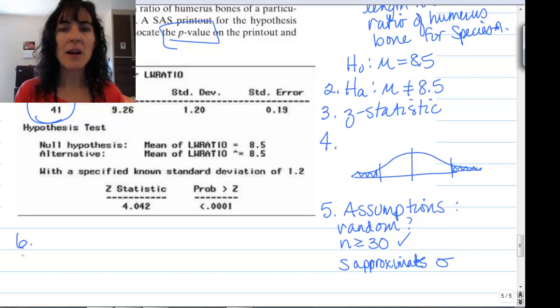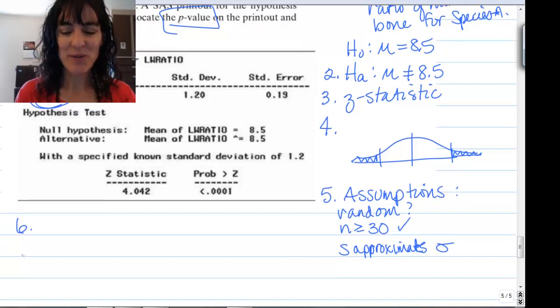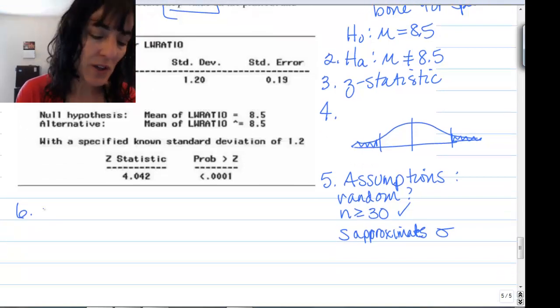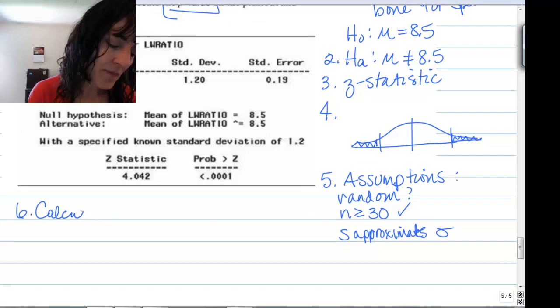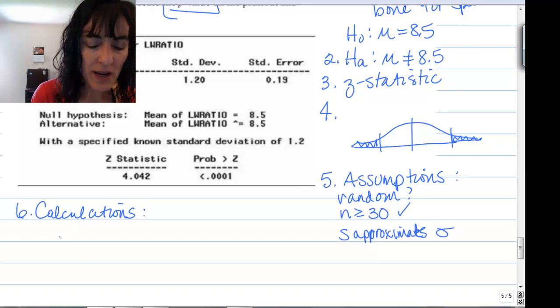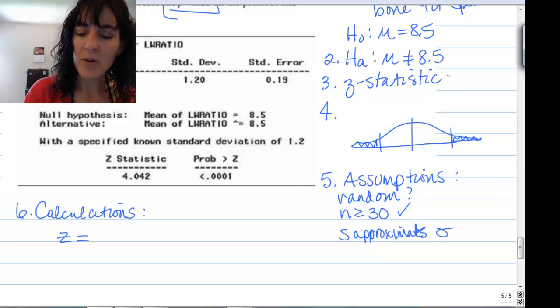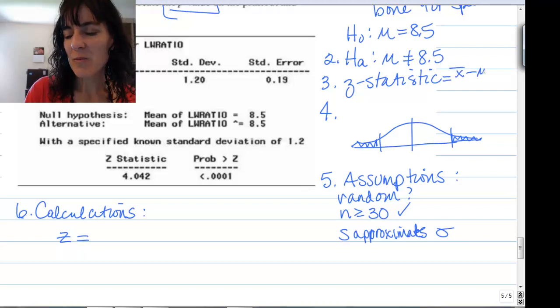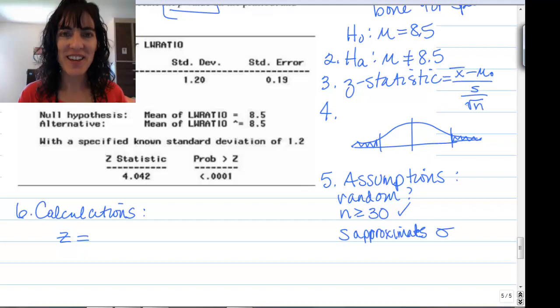Okay, step 6, I have some space over here on the left, so I'm going to make use of that. I want to do the calculations. And to do that, I'm going to say z equals, oh, and I forgot to write it over here, didn't I? So x bar minus mu naught over s over the square root of n.